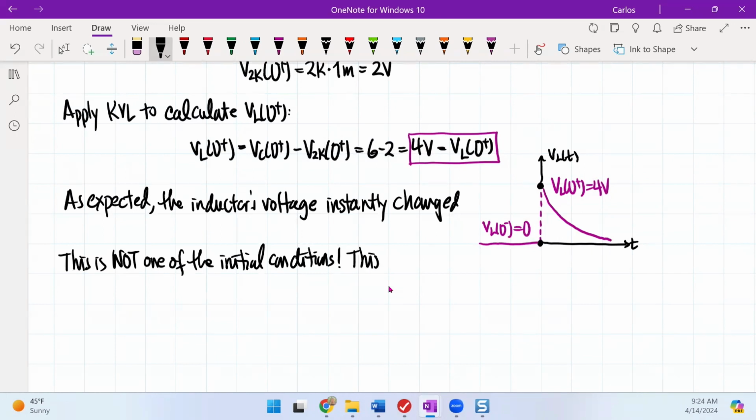This must be written into DIL of 0 plus dt.